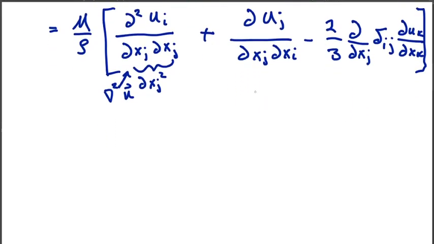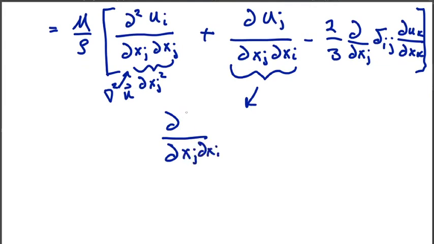Well, first of all, let's look at this term here. So we've got d by dxj dxi uj. But we can reorder these partial derivatives, the j derivative and the i derivative. These are independent derivatives. So we can reorder this, right?